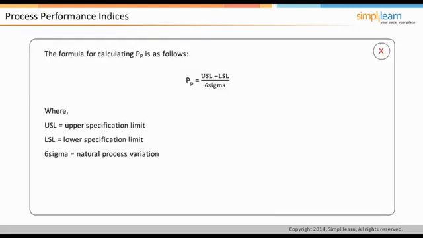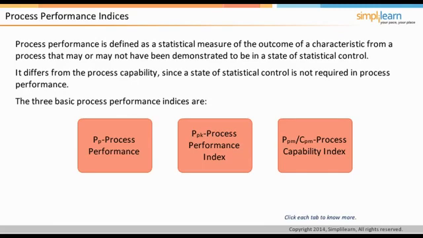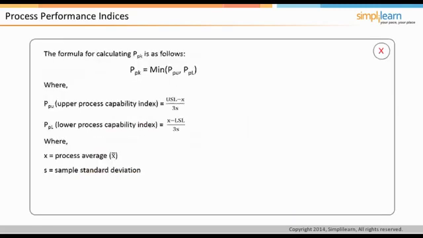PP stands for Process Performance. It is computed by subtracting the lower specification limit from the upper specification limit, the whole divided by natural process variation, or six sigma. PPK is the Process Performance Index and a minimum of the values of the upper and lower process capability indices. The upper and lower process capability indices are calculated as shown on the screen.